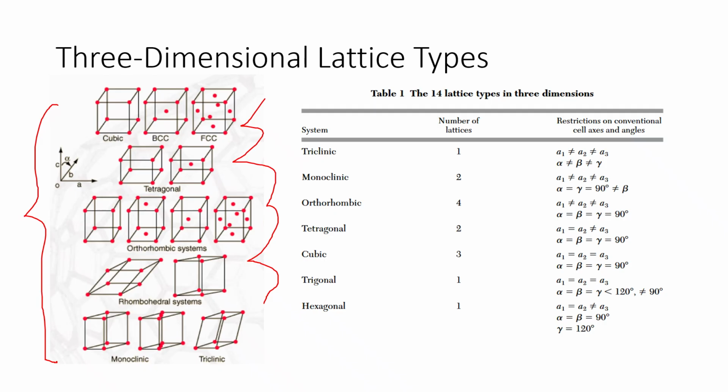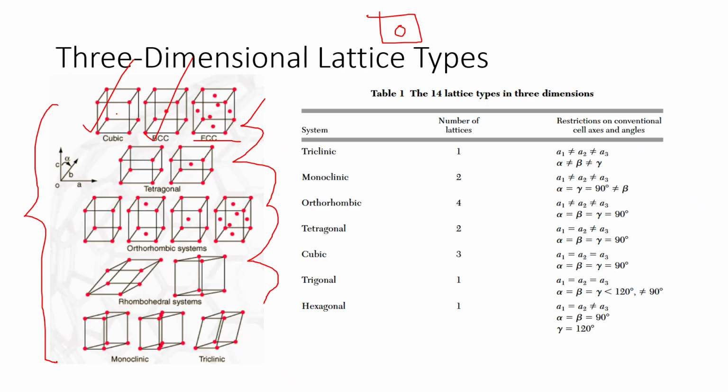Just a quick look. If the basis lattice is a cube, then it can be a cubic. It can be a body-centered cubic, which is nothing but a lattice point in the middle. It can be a face-centered cubic, which is nothing but a lattice point at the center of every face of this cube. So these three are possible.